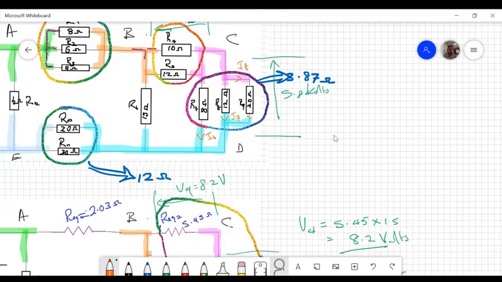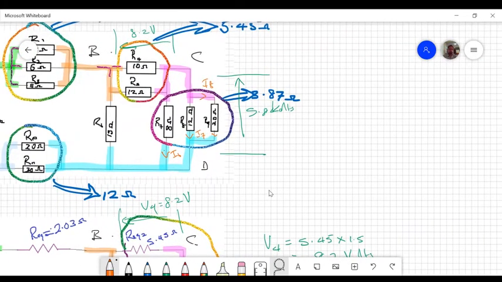I'm in a position to find these currents. So let's go and find each of them. We'll say that I6 is equals to 5.8 volts over 8 ohms. I7 is equals to the same 5.8 volts over 12 ohms. And I8 is equals to 5.8 over 20.